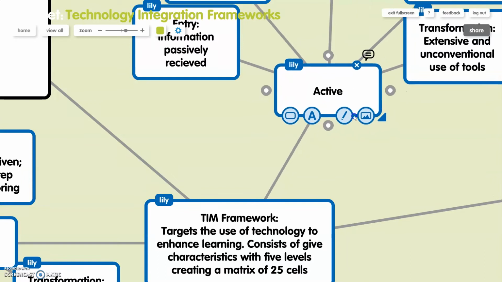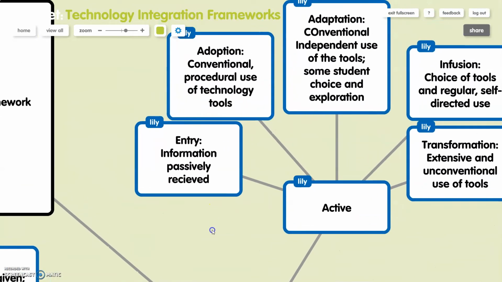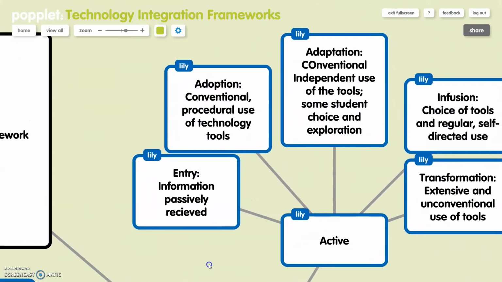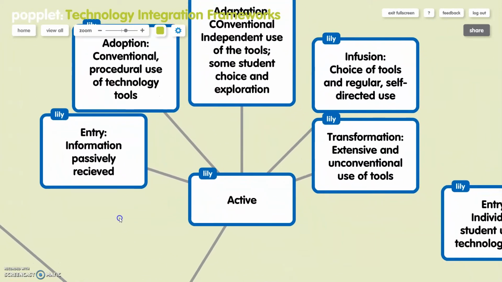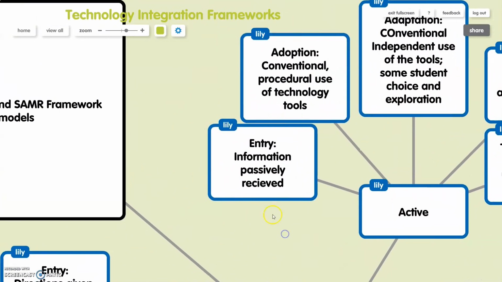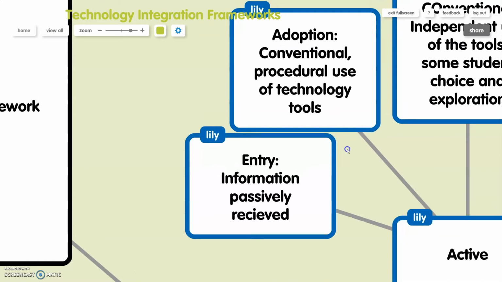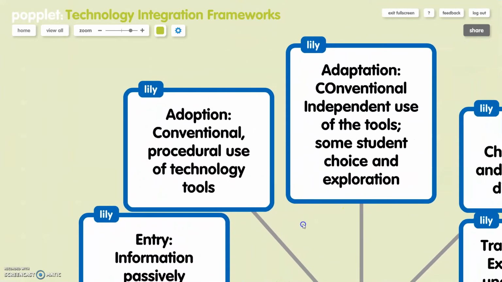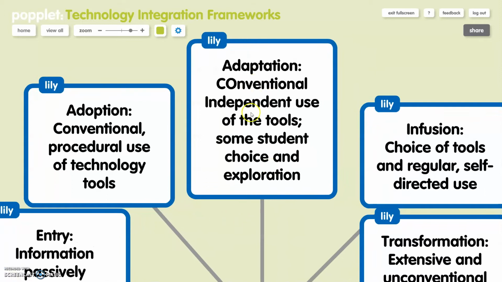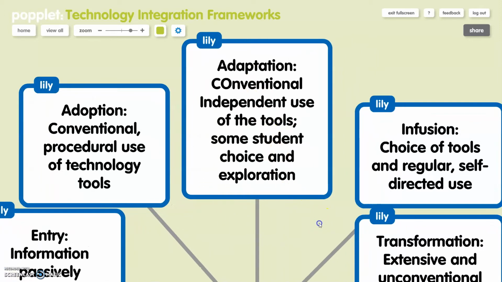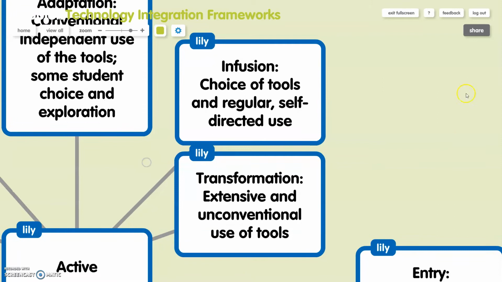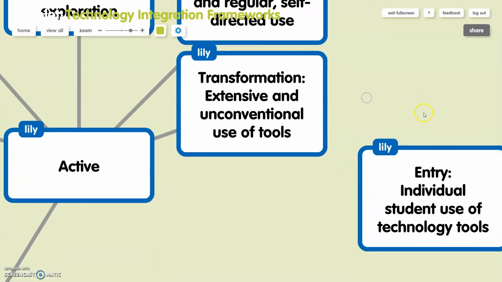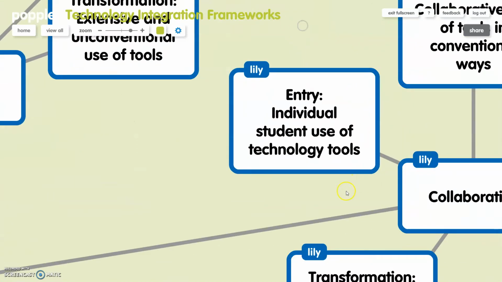So it starts with active, which breaks off into the 5 levels of entry, adoption, adaptation, infusion, and transformation. So entry, information passively received, to adoption, conventional procedural use of technology tools, adaptation, conventional independent use of the tools, some student choice and exploration, infusion, choice of tools and regular self-directed use, transformation, extensive and unconventional use of tools.